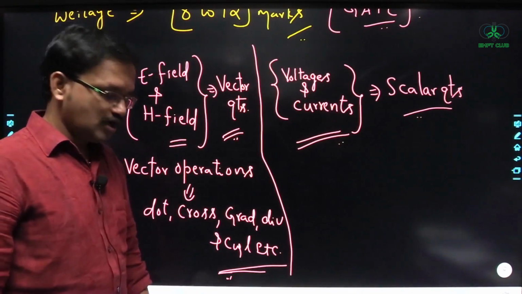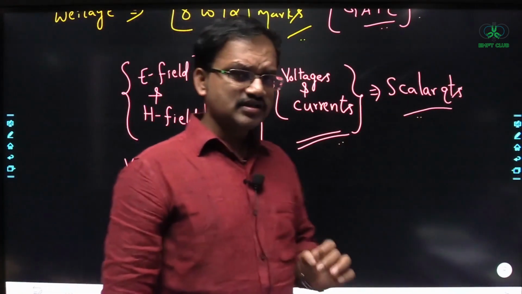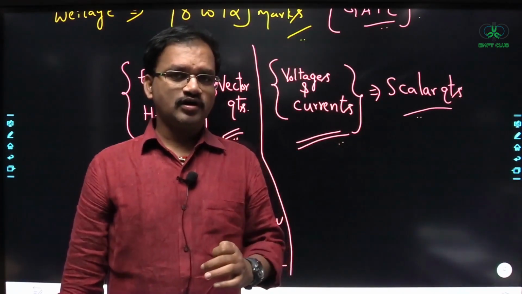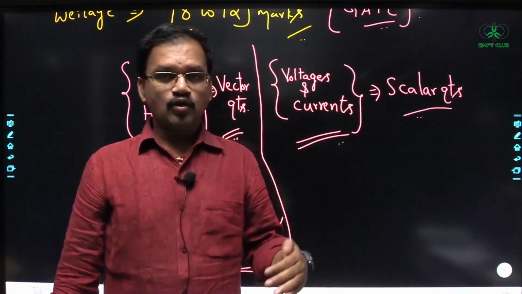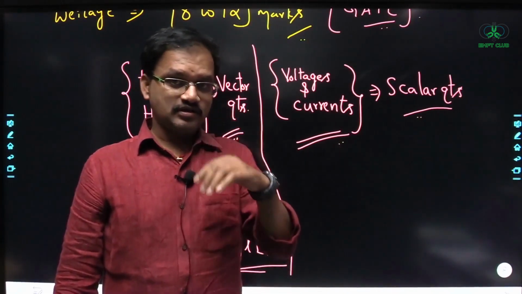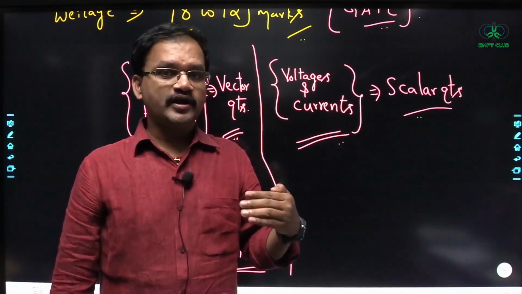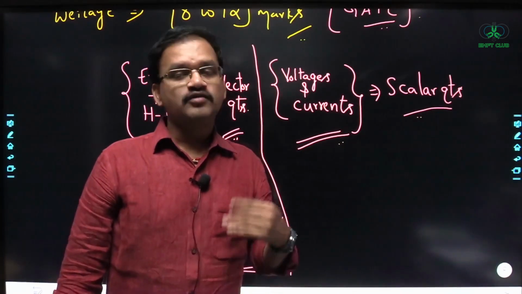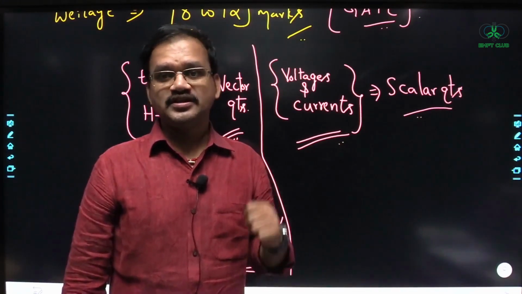So in our lectures, for the first few lectures we are going to develop the mathematical foundation. That means initially we will concentrate only on the basic mathematics needed to understand the subject clearly.